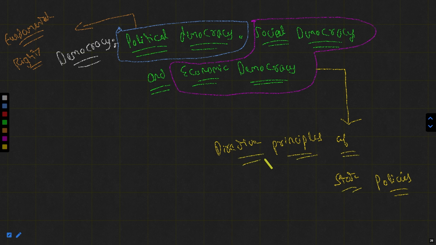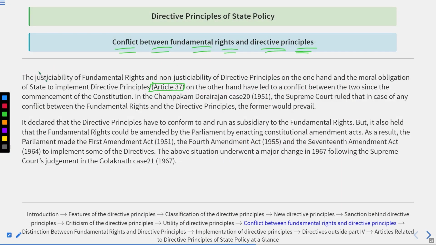But here is one thing. The fundamental rights, which are one of the pillars of democracy, are justiciable and enforceable.